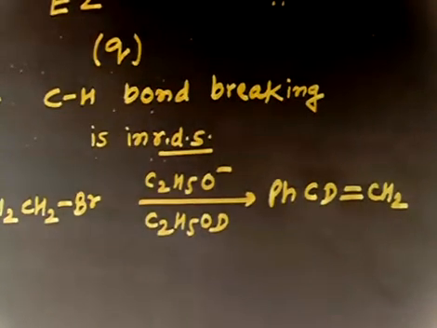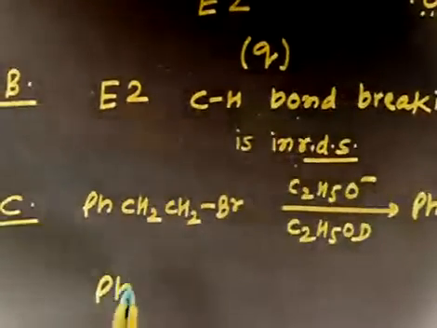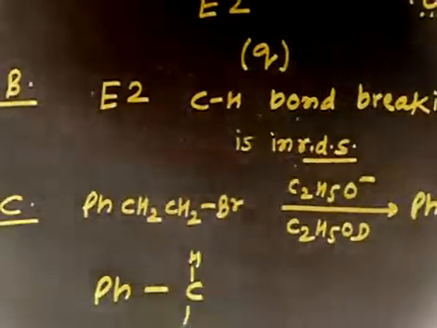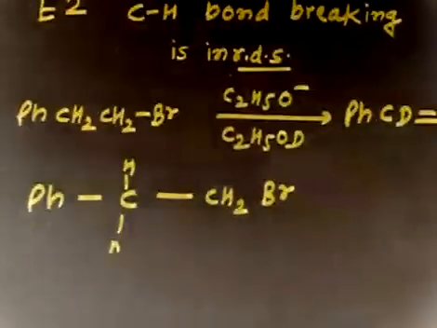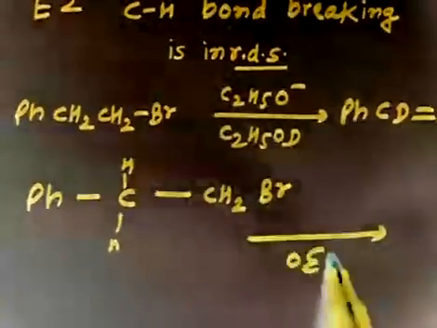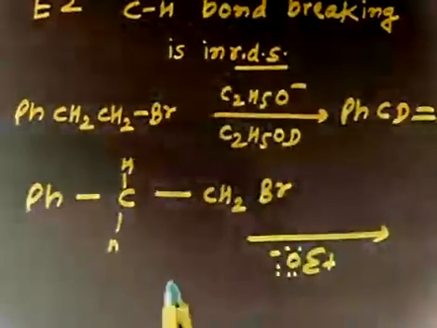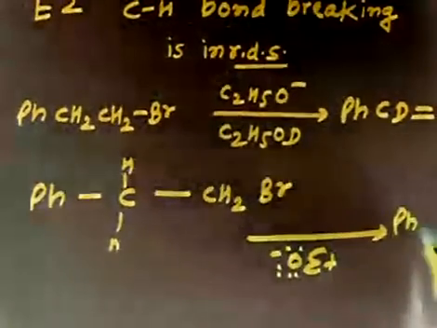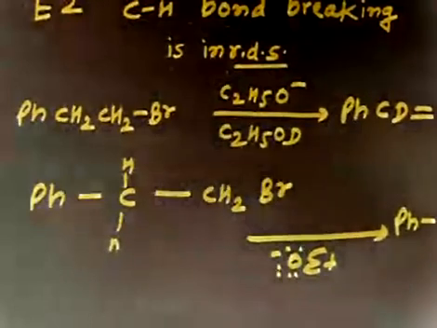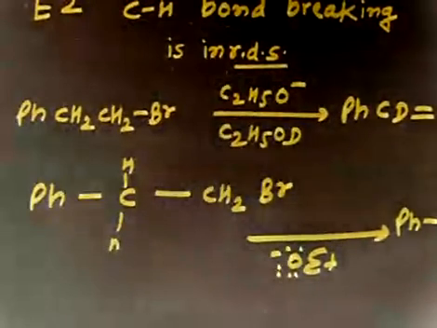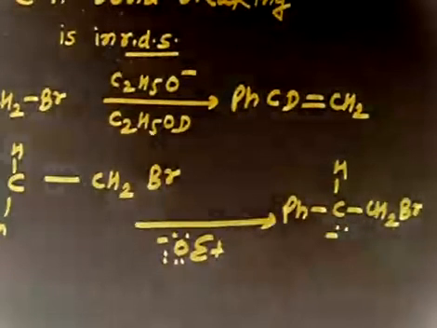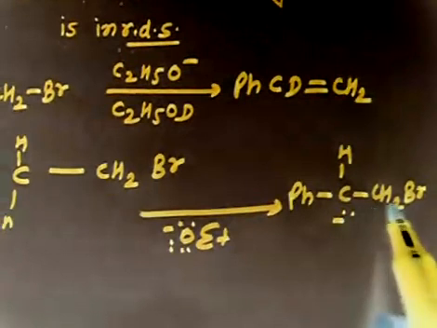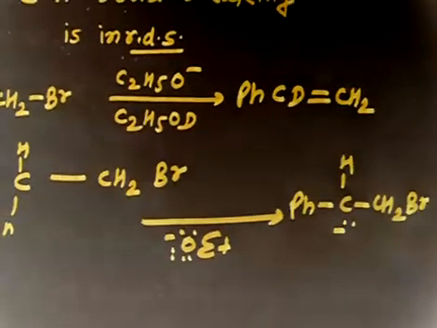That is possible only if this base, OEt minus, takes H plus from here, and in that case you will have PhCH minus CH2Br. So you will have a minus here. Now this minus can attack here and this Br goes, so you will get the product.